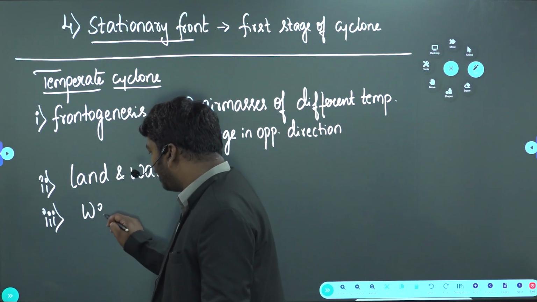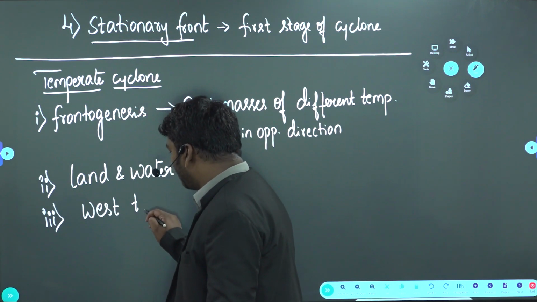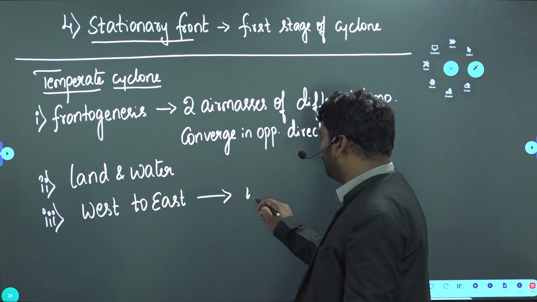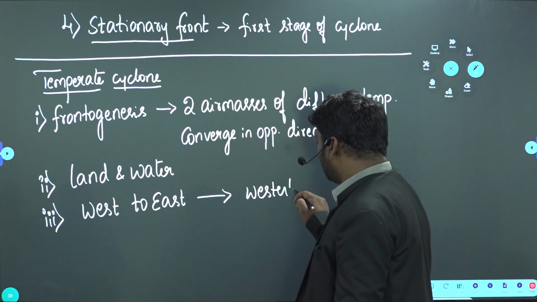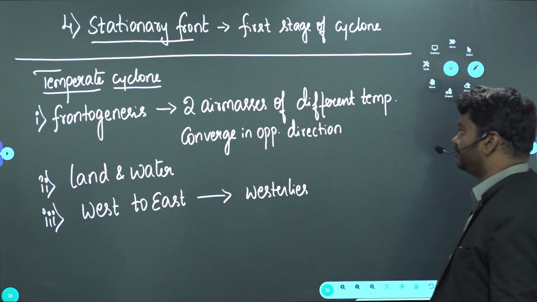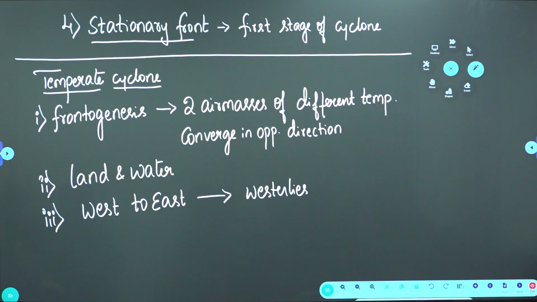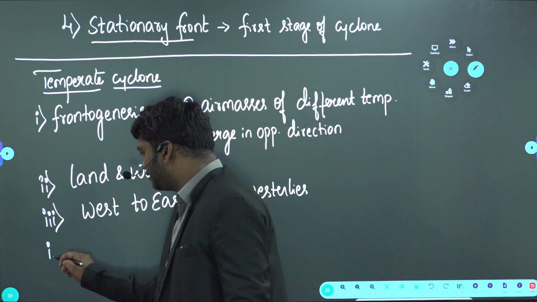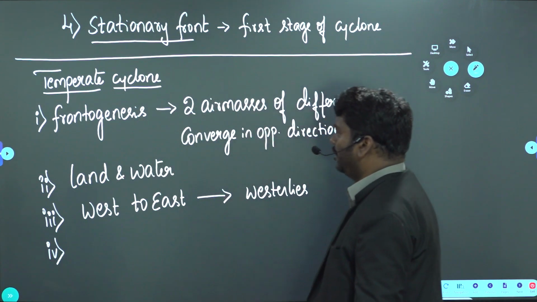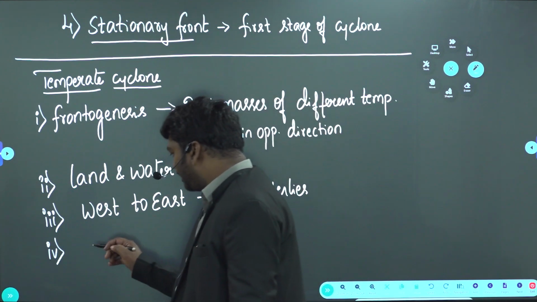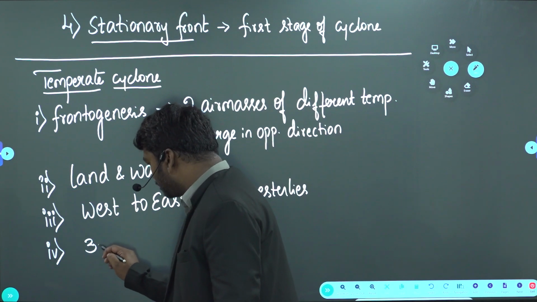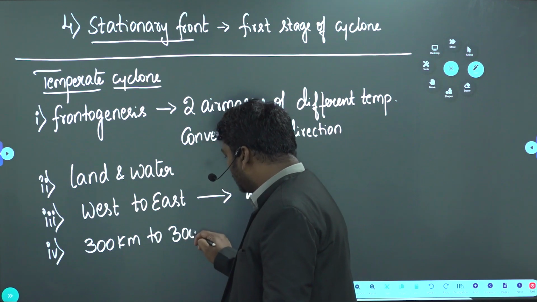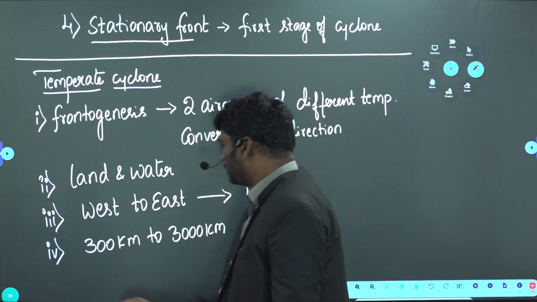The direction of temperate cyclone is from west to east. Because of which winds? Westerlies. Then the diameter of it will be 300 kilometers to 3000 kilometers.